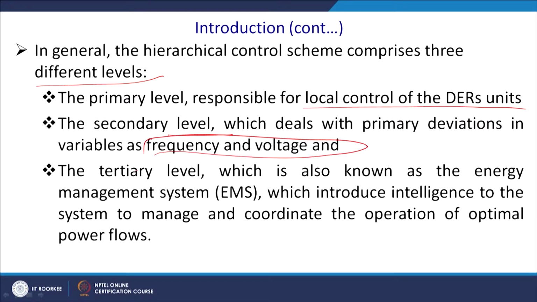In an AC microgrid these are frequency and voltage, in a DC microgrid it is the voltage. The tertiary level, which is also known as the energy management system, that is EMS, introduces the intelligence to the system to manage and coordinate the optimal power flow between the different microgrids as well as the main grid. So, that is called the tertiary level of control.